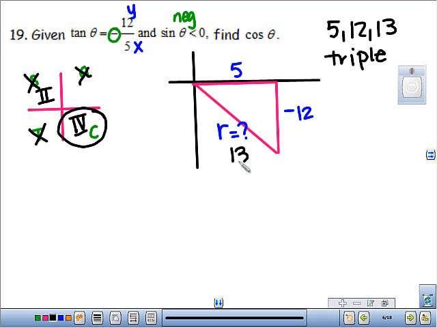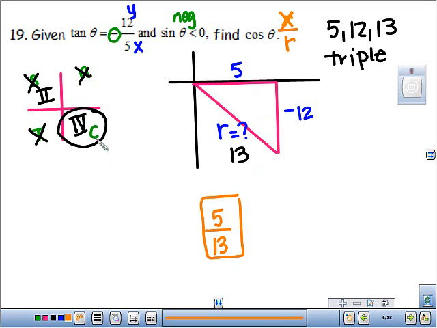R is 13. If you don't have that memorized, do 5 squared plus 12 squared equals r squared and work it out, and you get 13. And then cosine is x over r. Both of those are positive, and cosine should be positive in quadrant 4.